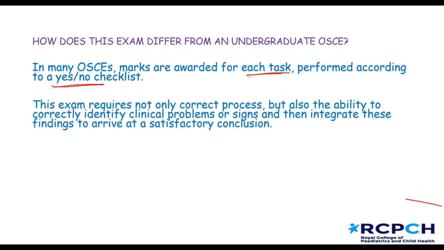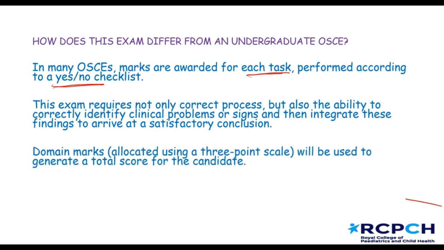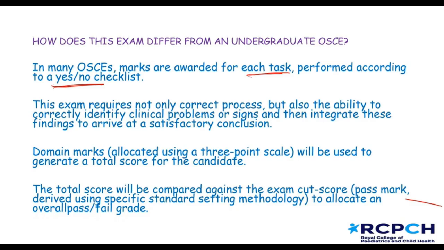Whereas in this exam, this requires not only correct process but also the ability to identify the clinical signs and also give the clinical reasonings. So domain marks will be used to generate a total score for the candidate. So the total score will be compared against the exam cutoff score to allocate an overall pass and fail grade.